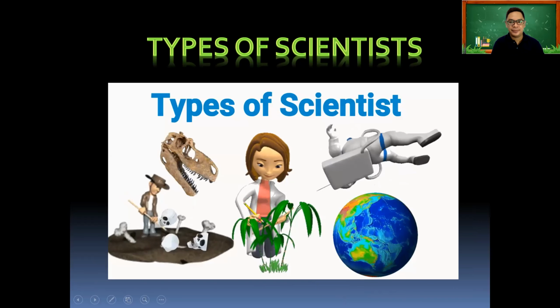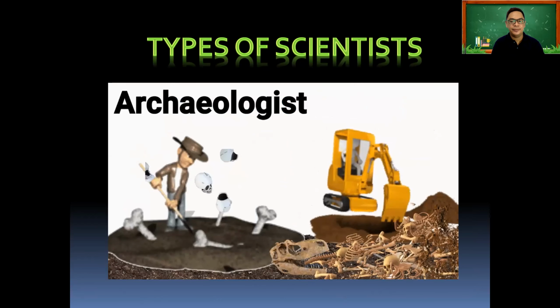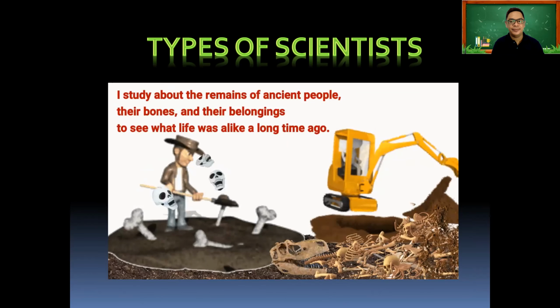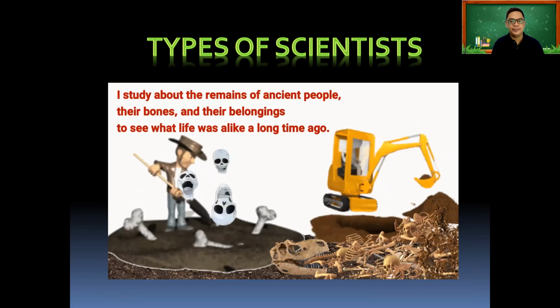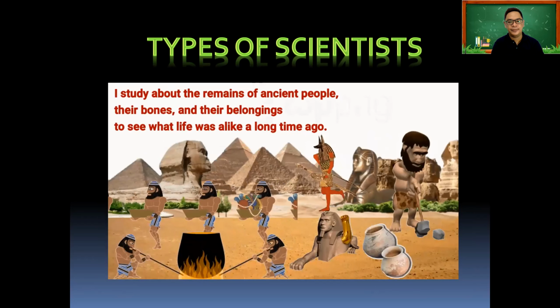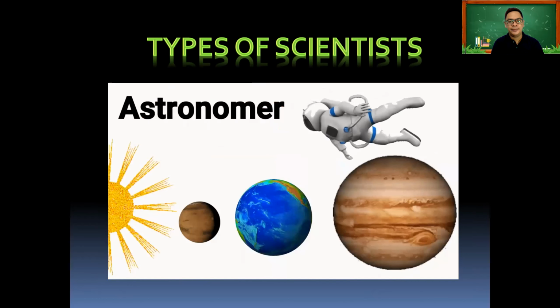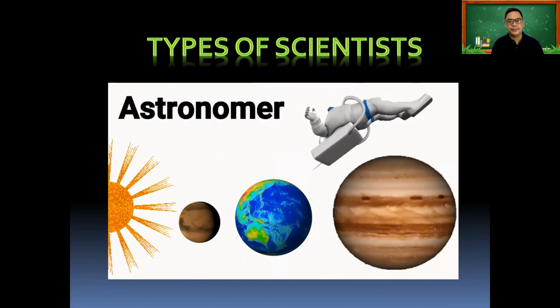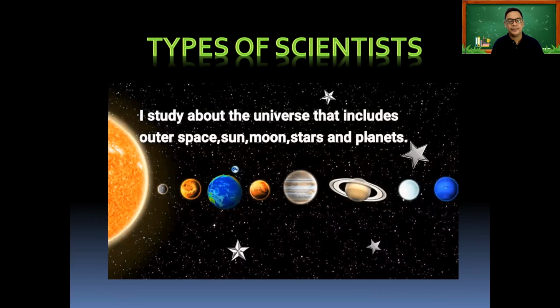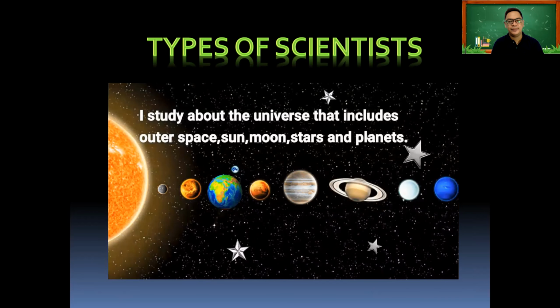Different types of scientist. Archaeologist: I study the remains of ancient people, their bones, and their belongings, to see what life was like a long time ago. Astronomer: I study the universe that includes outer space, sun, moon, stars, and planets.